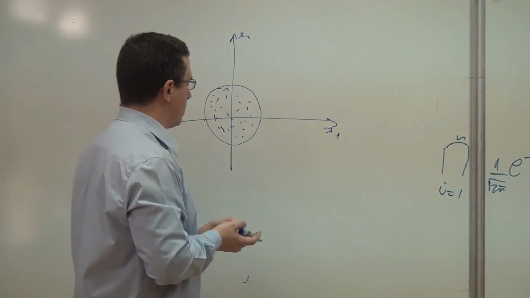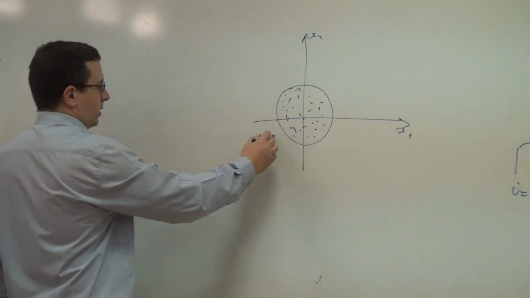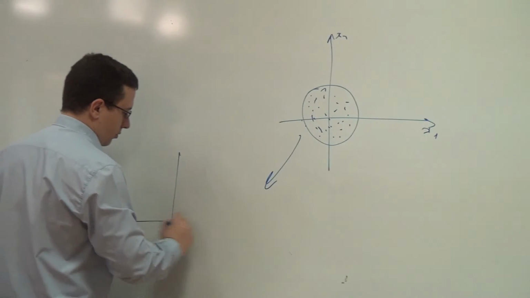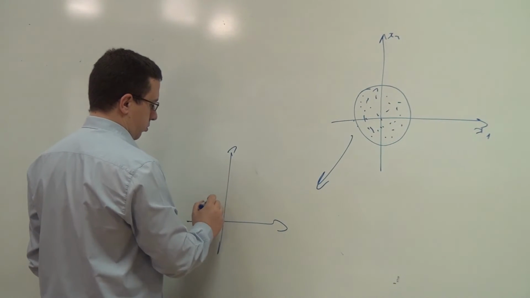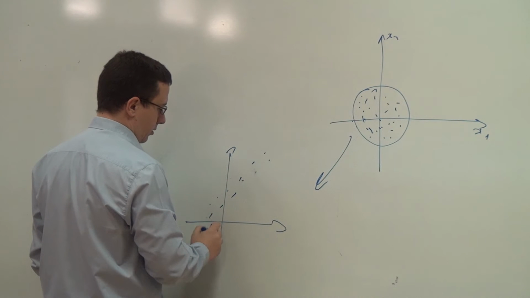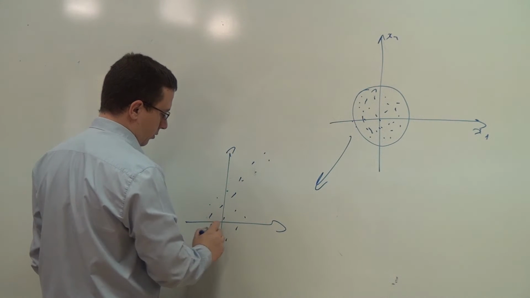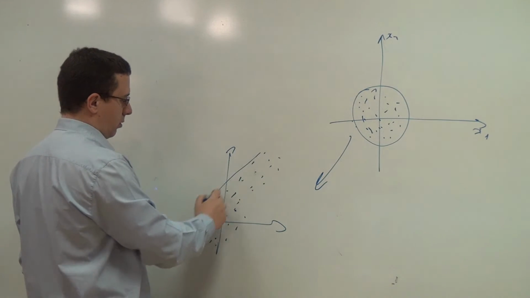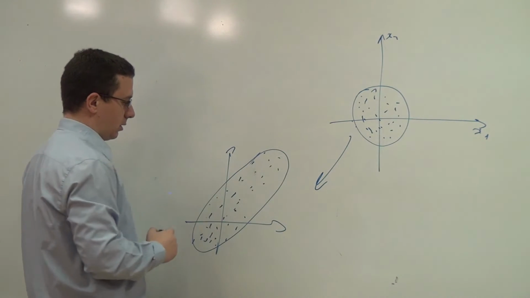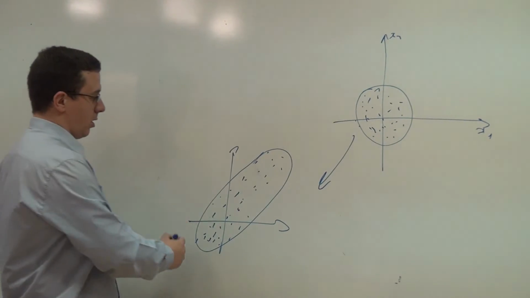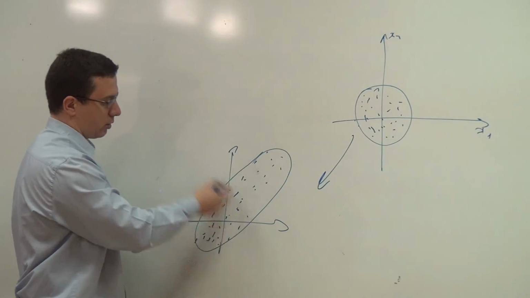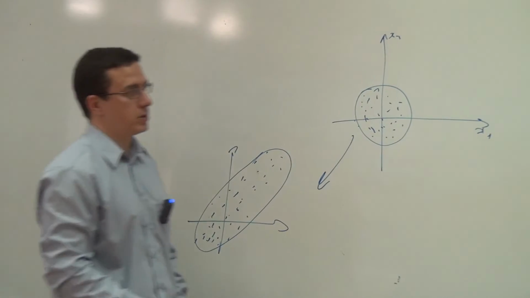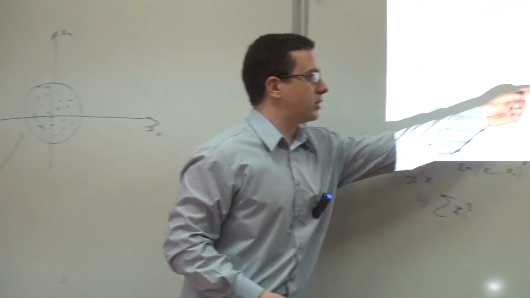And when you do this, you transform this into something which would look like, say, this. Again around 0, but now it would look much more like an actual ellipse, and one of the dimensions would be much larger than the other one. It all depends on the way the matrix A is formed.